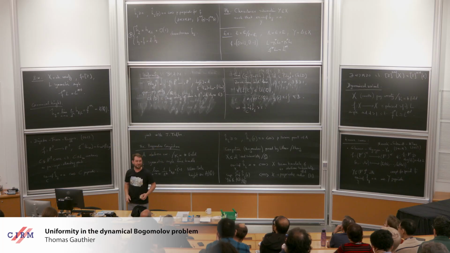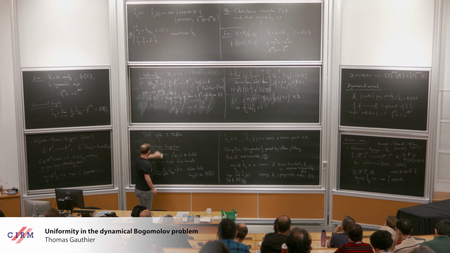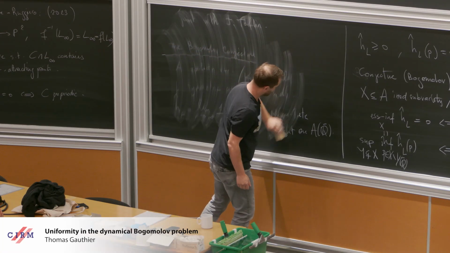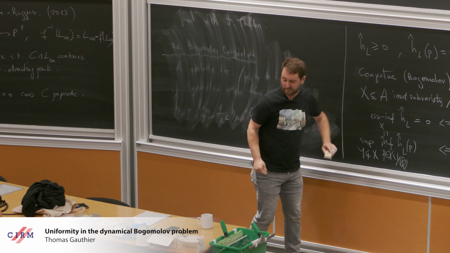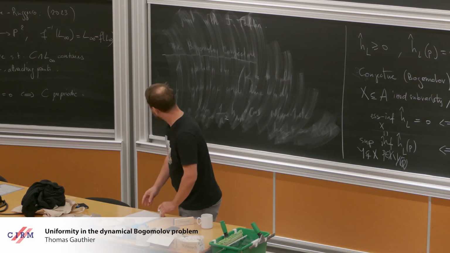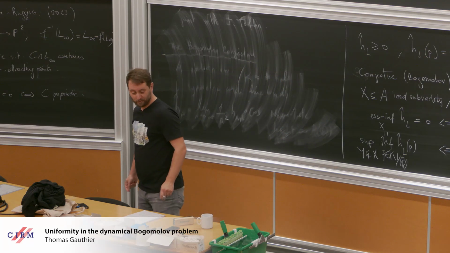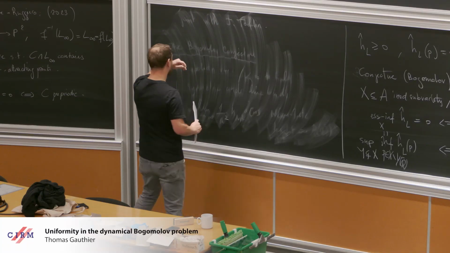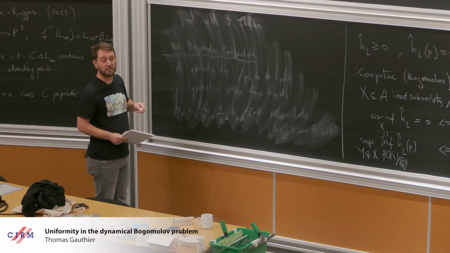So let's go back to complex geometry and see what you can do. There are two main steps of the proof. The first is to use, as for the classical Bogomolov conjecture, the arithmetic equidistribution of small points. But in what context? The context is the work of Yuan and Zhang.